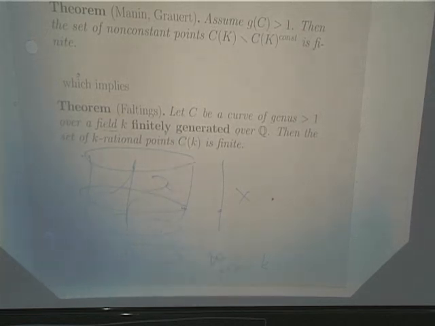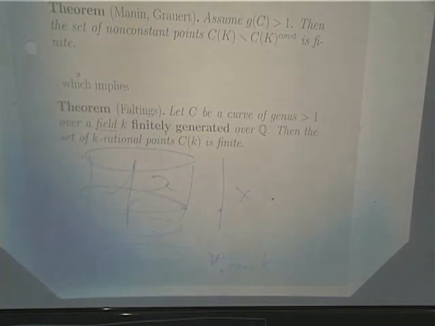If C is a curve of genus bigger than 1 over a field which is finitely generated over Q, so these are slightly more general, arithmetically interesting fields, then the set of K-rational points is finite. You don't need to worry about non-constant in that case, because of exactly that point. It's a combination of Manin and Grauert and the earlier stated theorem of Faltings.